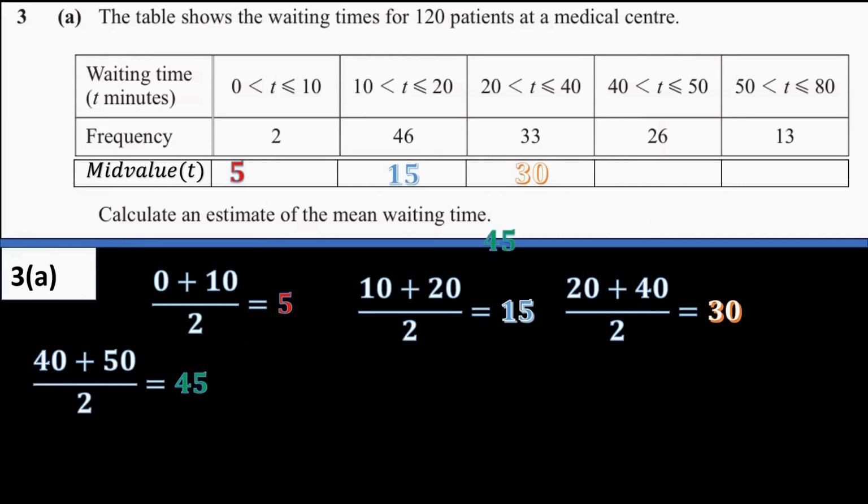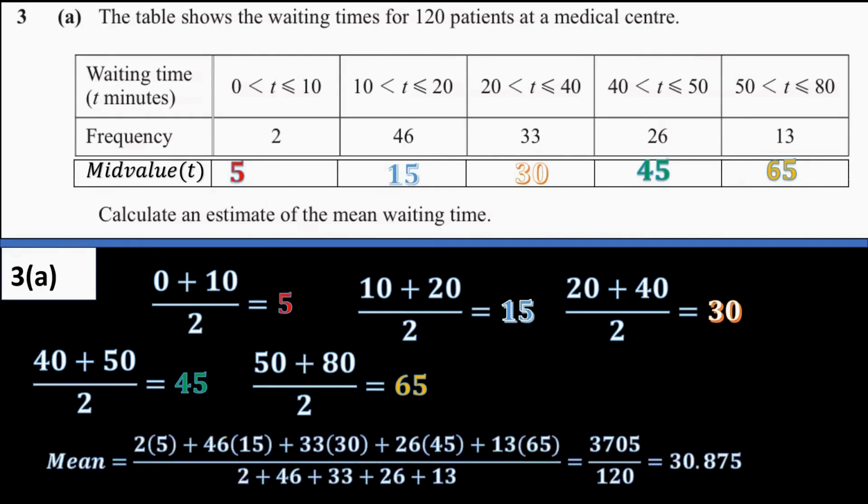We drop this 45. Again, we're going to add 50 and 80 together, and that gives us 130 over 2. That will give us 65. And we put this 65. So we have all the required mid values.